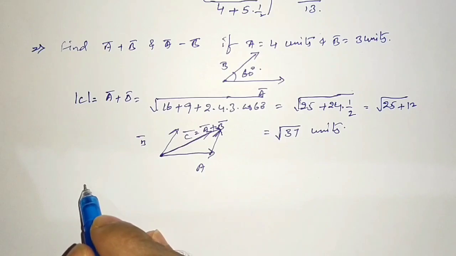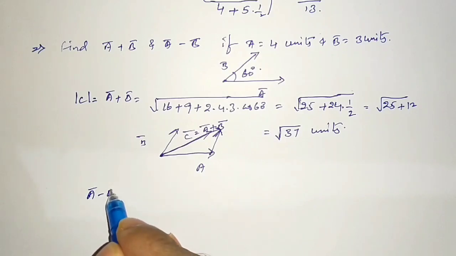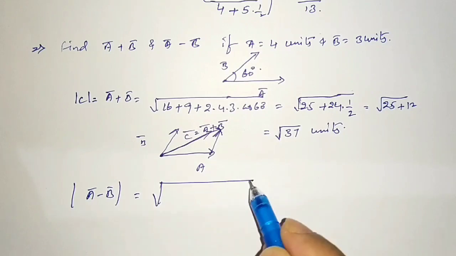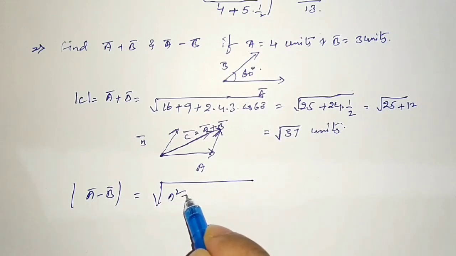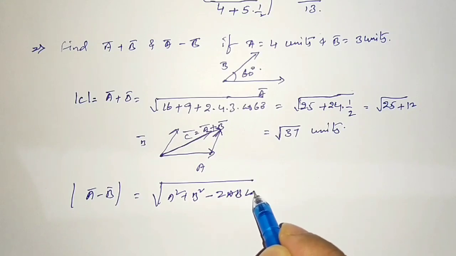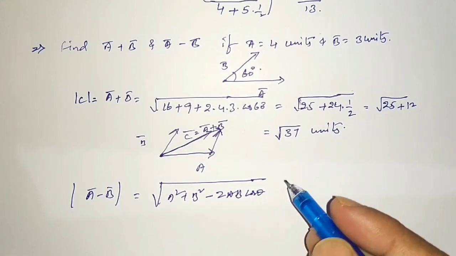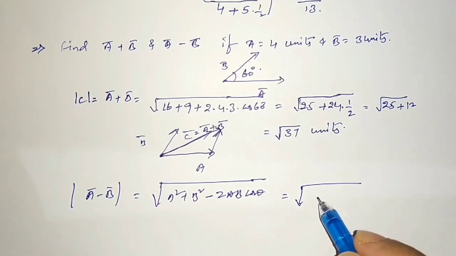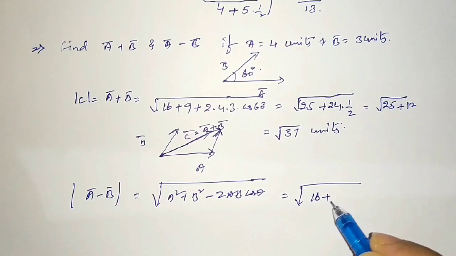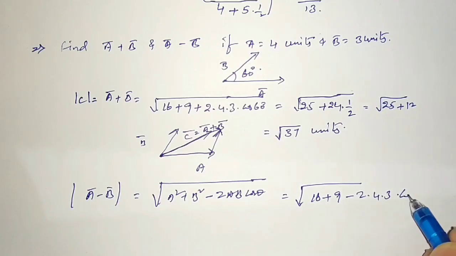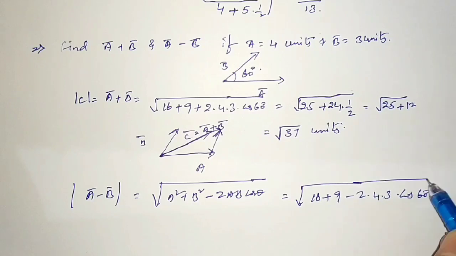Now we are going to calculate a minus b vector's magnitude. Magnitude of a minus b is root over a square plus b square minus 2ab cos theta, like a minus b whole square, right? So this is root over a square, again 16, plus 9 minus 2 into 4 into 3 into cos 60 degrees, right?